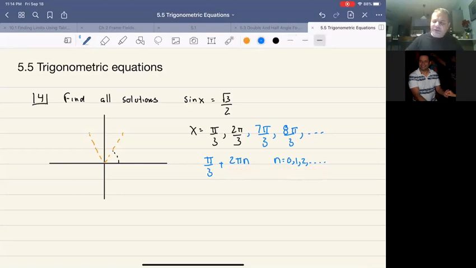And we also have x equals 2 pi over 3 plus 2 pi n. We could also have negative whole numbers there too. So really, n is any whole number. But I'll leave it like that. So that's the first type of problem that we have.